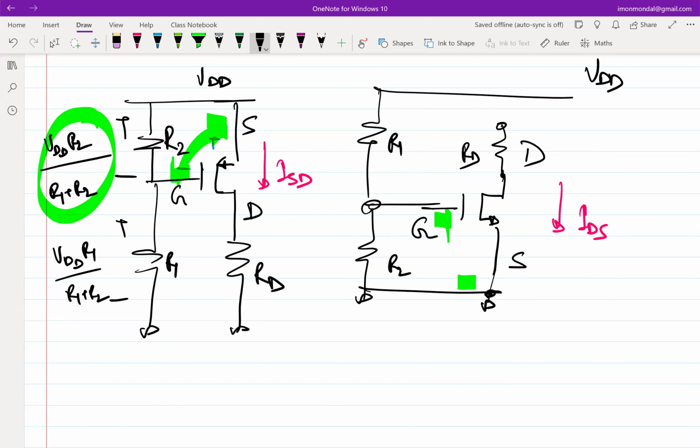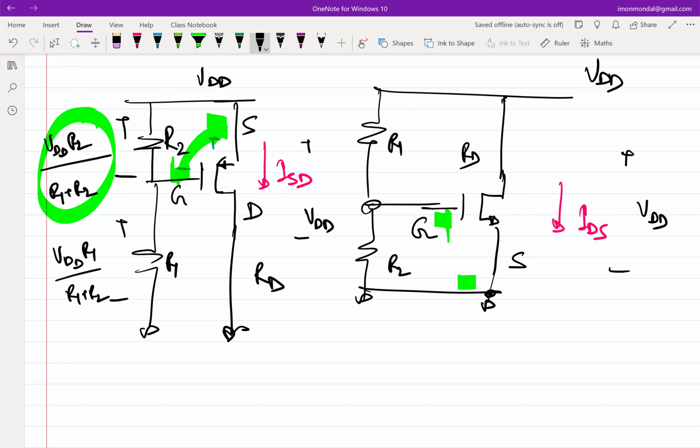Why not ground? Yeah, exactly, right? So ultimately, the current flows from a higher voltage terminal to the lower voltage terminal, right? So even if you don't bother with RD, let's assume RD is not there, so RD, let's say, is 0. This is short circuited. In order to establish the bias, we would have connected the drain to VDD. Correct?